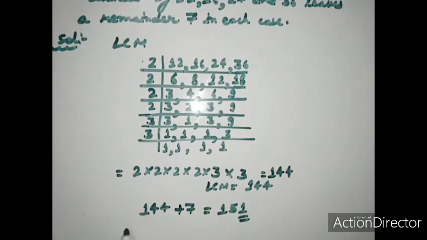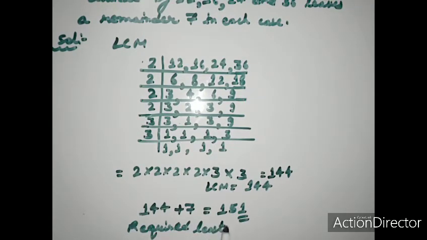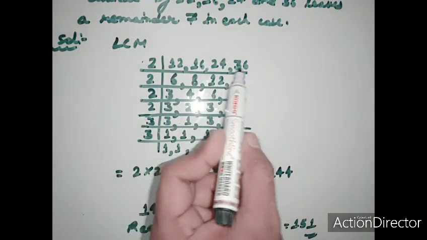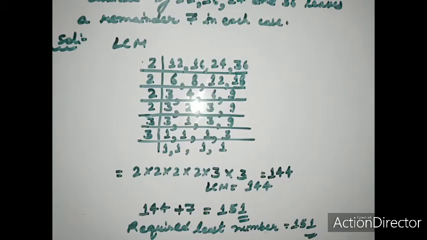So we say that the required least number is equal to 151. Okay, here we check our answer also. If we divide this 151 by 12, 16, 24 and 36, here we get remainder 7.